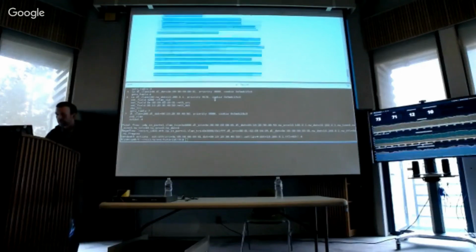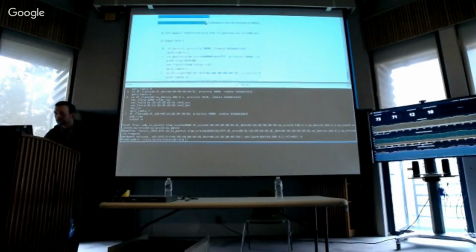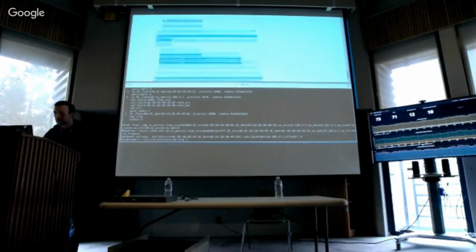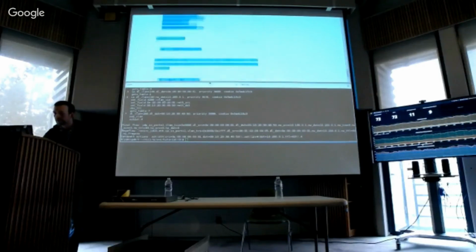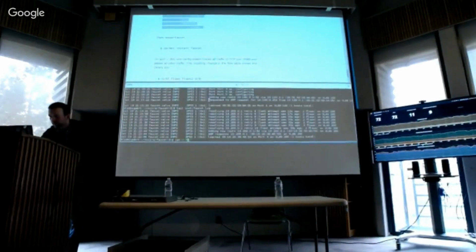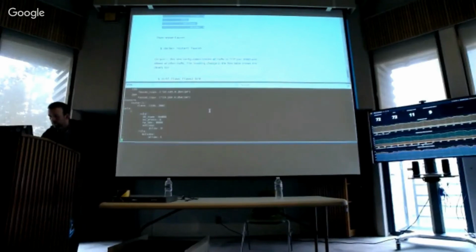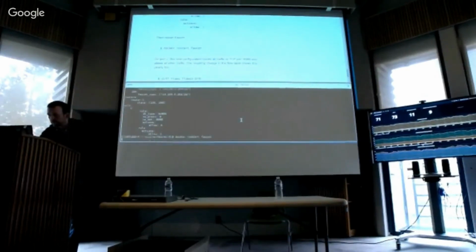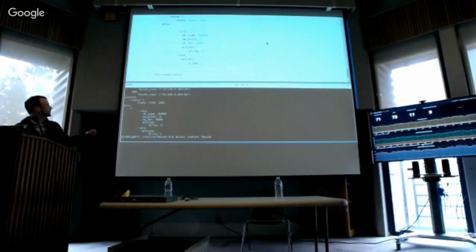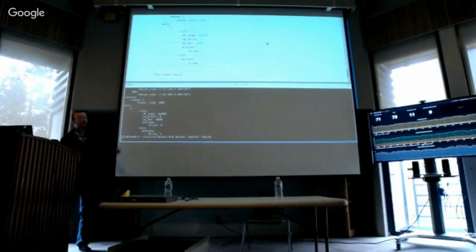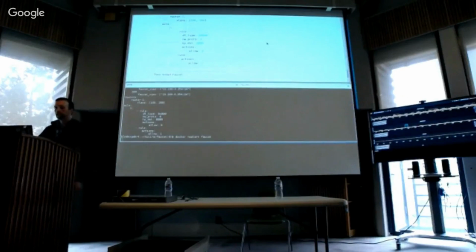Very quickly in my last minute or two here, let's just add an ACL to our setup. My ACL's goal is to drop all packets destined to TCP port 8080.